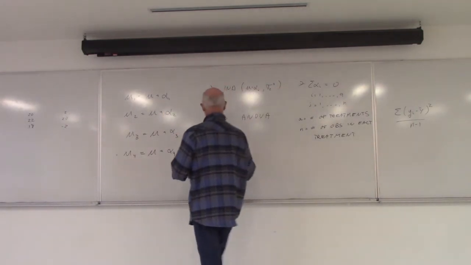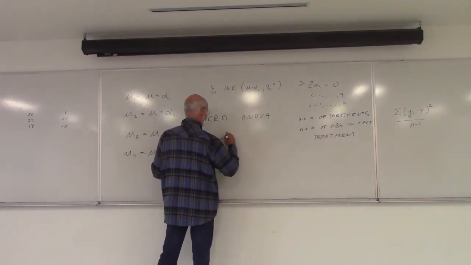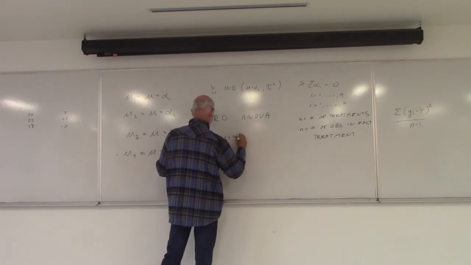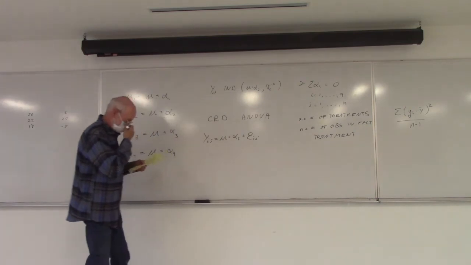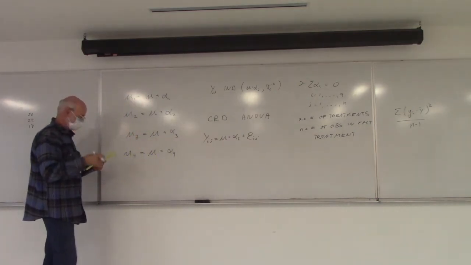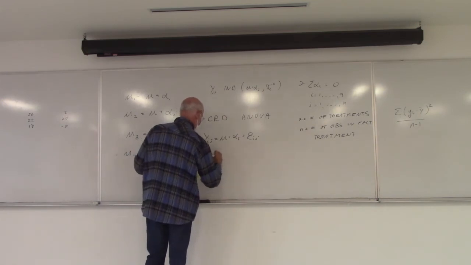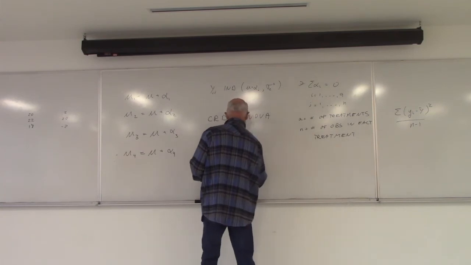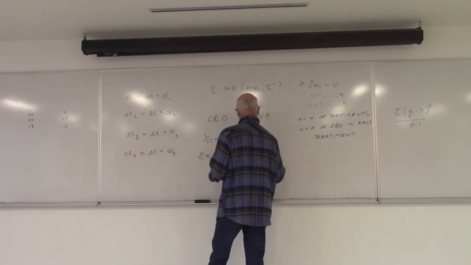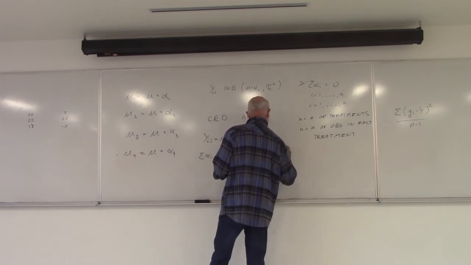My model is, and we already did this last time, Yij is equal to mu plus alpha i plus epsilon ij. I know that the sum of the alpha i's is equal to 0, and I also know that the epsilon ij's are identically normally distributed with mean 0 and variance sigma e squared.